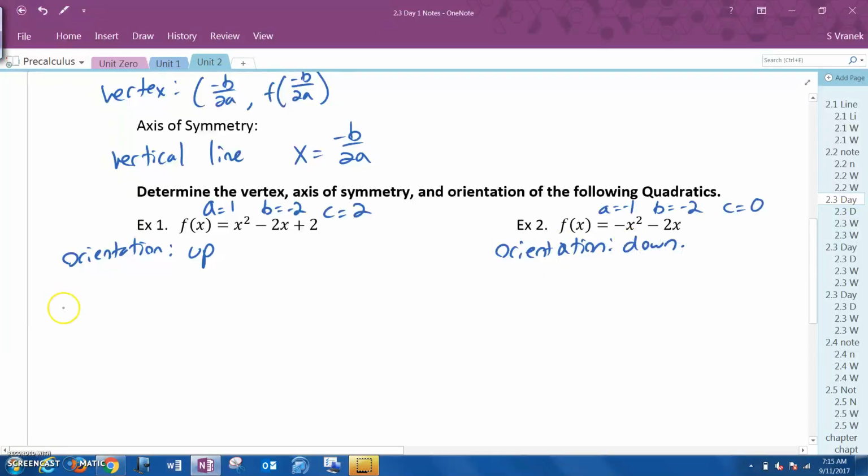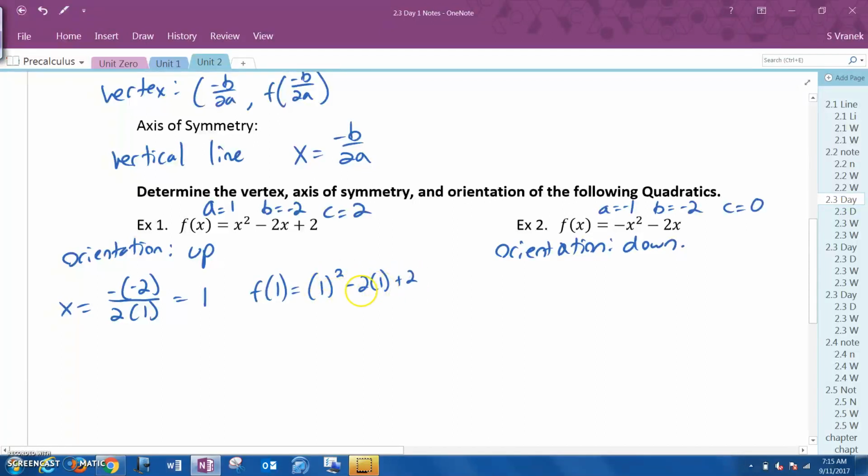To find the vertex, I have to say x is equal to opposite of b over 2a. So that's 2 over 2, which is 1. So that's the x coordinate of the vertex. Now you have to plug the 1 into the function, and I get 1 squared minus 2 times 1 plus 2.